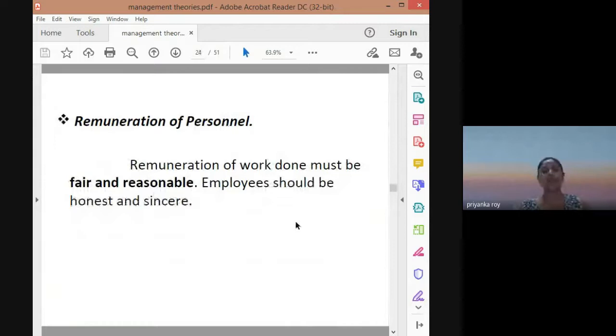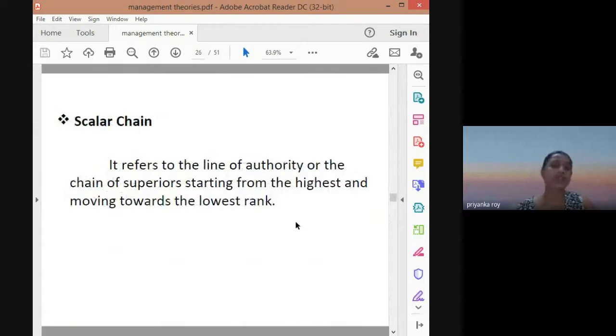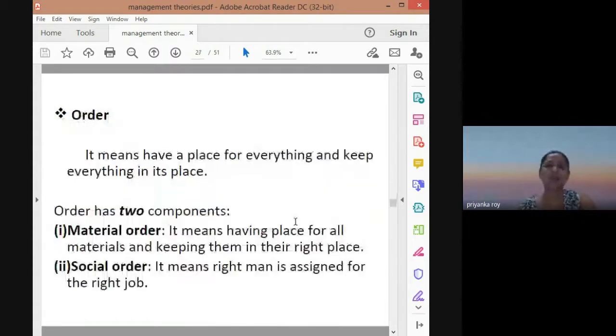Then remuneration: a fair amount of remuneration should be given to the employees. Centralization and decentralization of authority: at one time a level is required for the organization's functioning and well understanding. Then you have the scalar chain, which refers to the line of authority or chain of superiors, starting from the highest and moving towards the lowest rank.